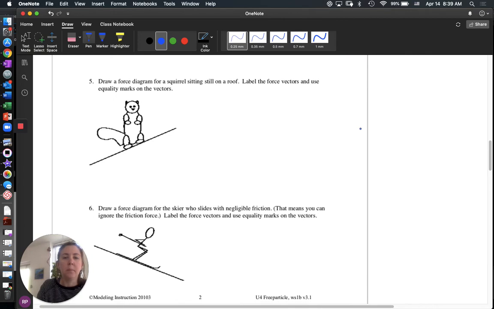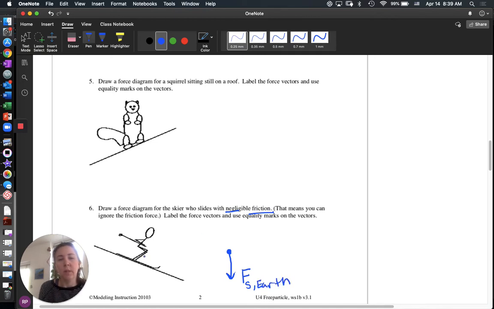I'm going to do number 6, and then you guys should be able to do number 5. So draw a force diagram for the skier who slides with negligible friction. So I'm going to say that we can ignore friction. So here's our dot to represent our skier. The force of gravity always goes straight down. The force on the skier by the earth.